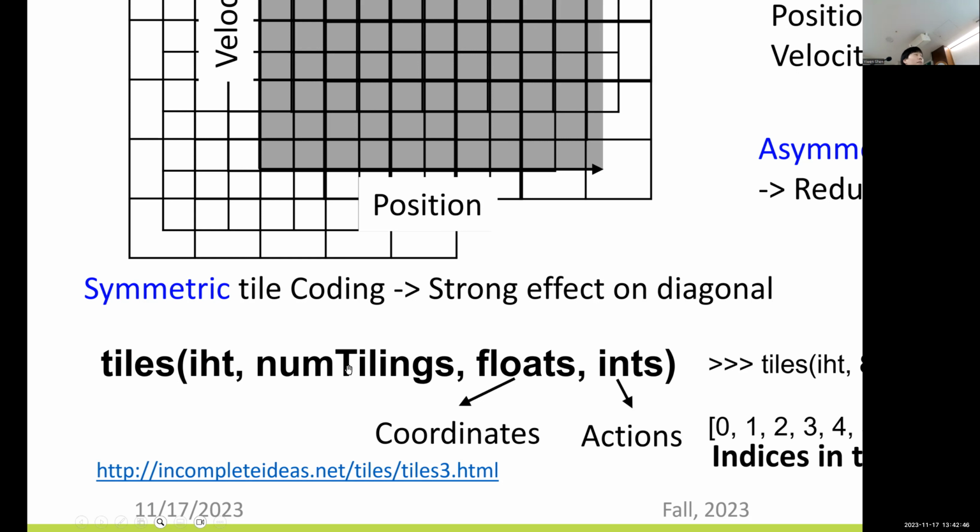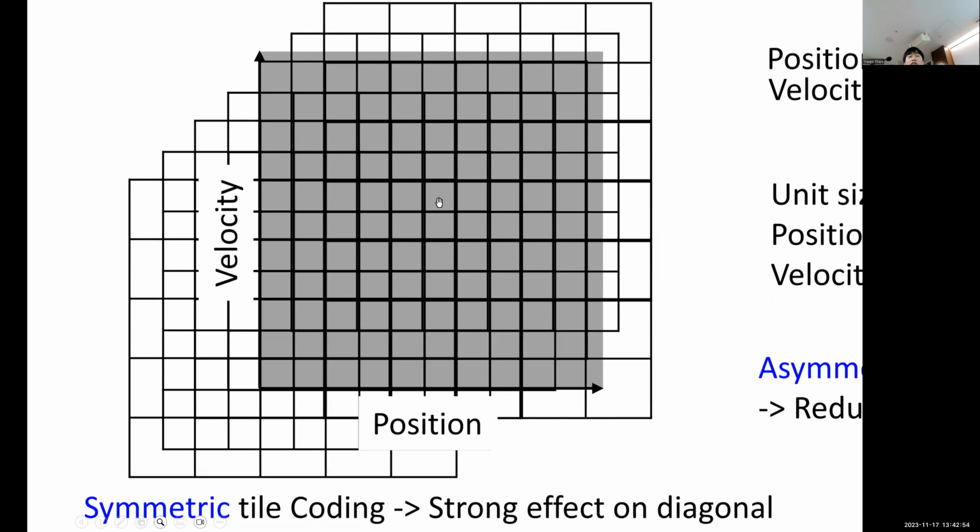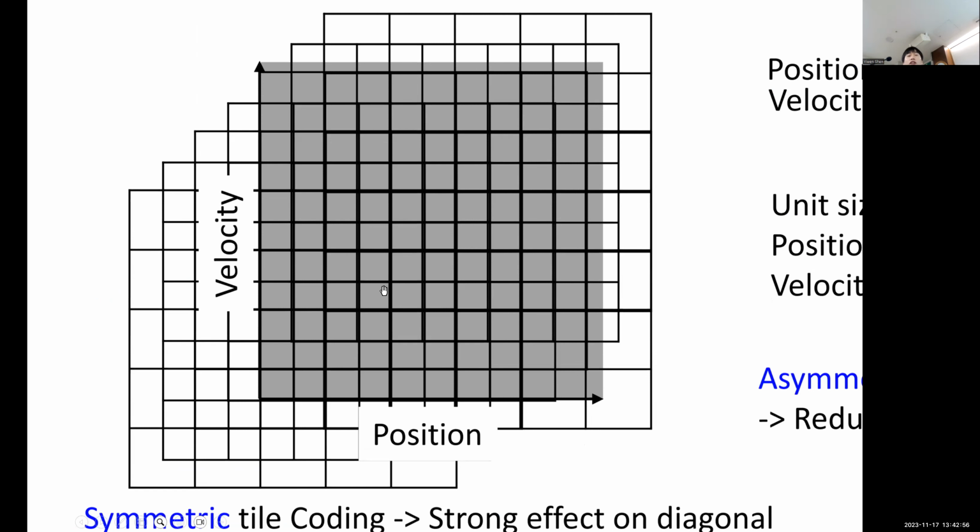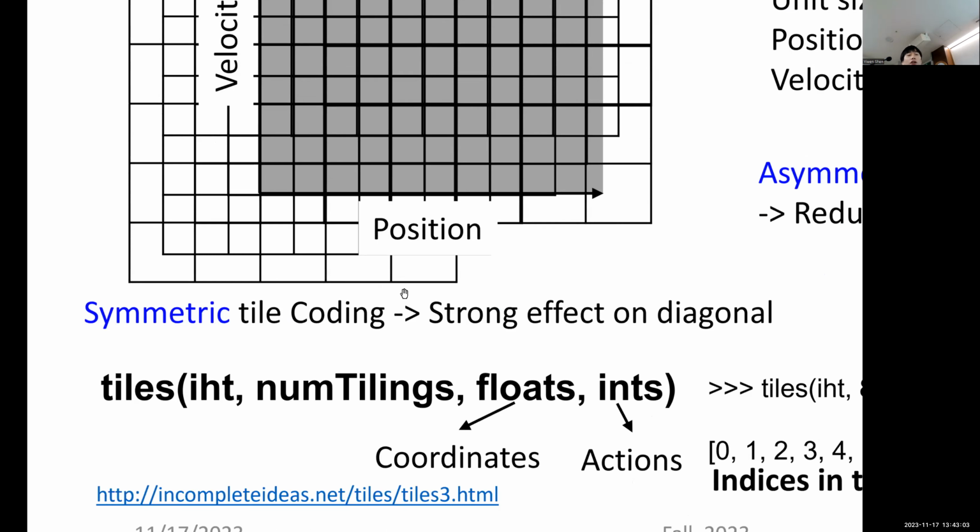Then we give the number of tilings you need to use, and floats. Floats means that in this 2D space, the coordinates of the actual state, which location you want to encode into the tile coding. And there's ints.